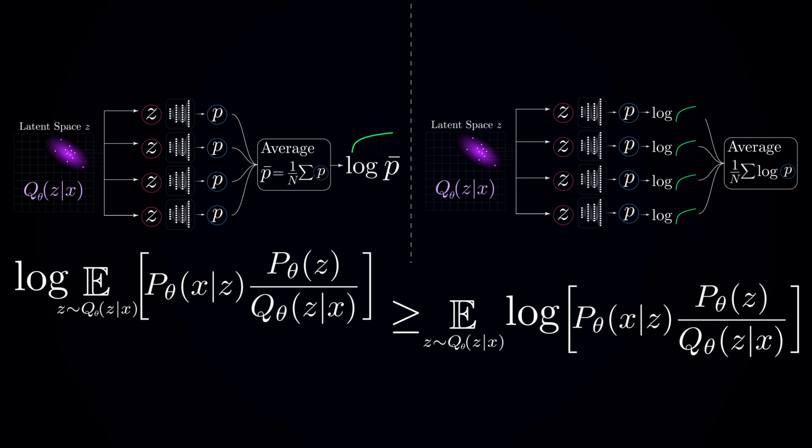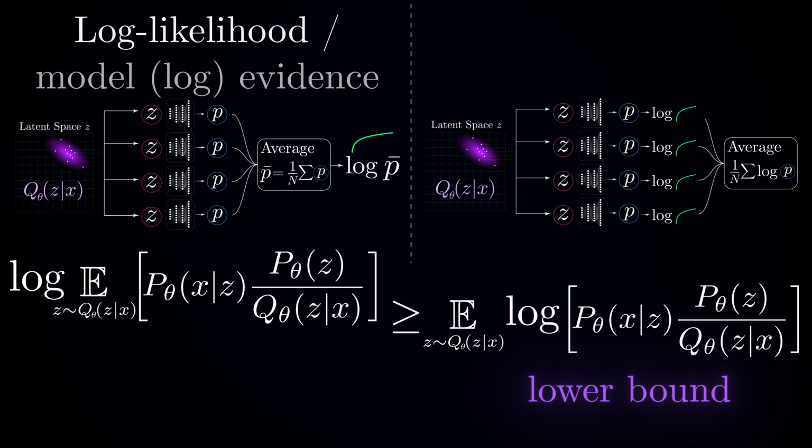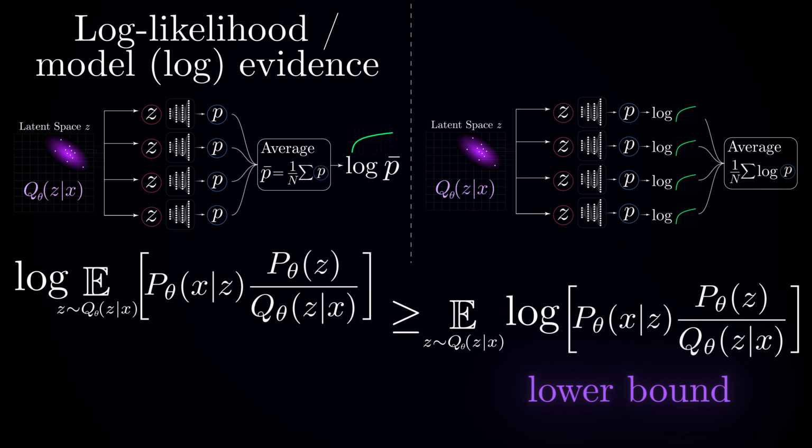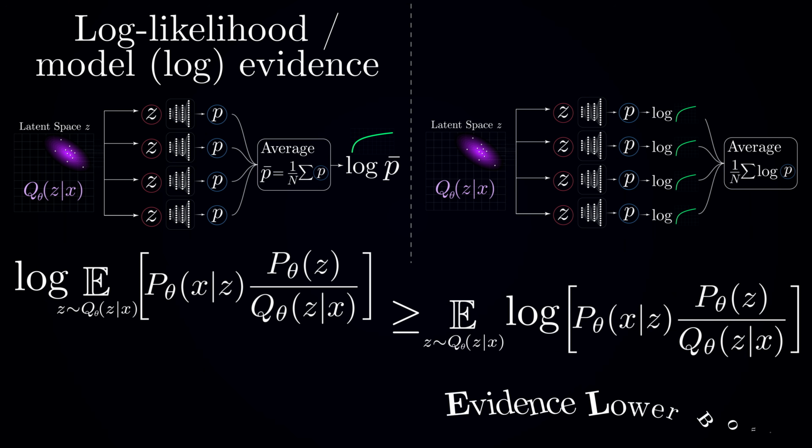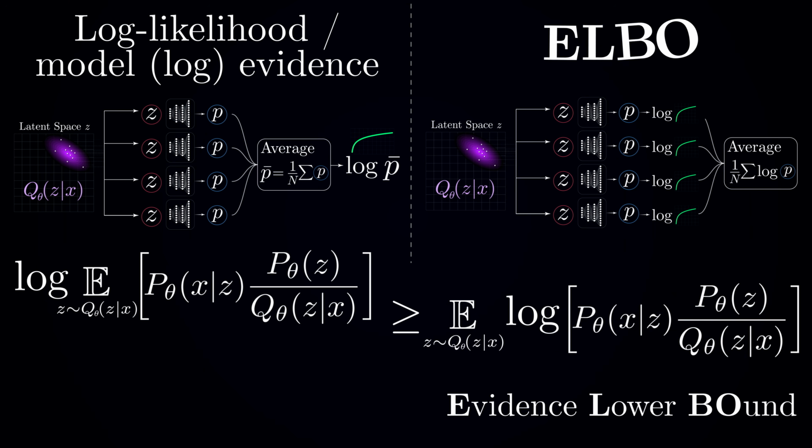The right-hand side of this inequality provides us with a lower bound on the log probability of data, also known as model evidence. So this bound, obtained by swapping the order of operations, is known as evidence lower bound, or ELBO for short.